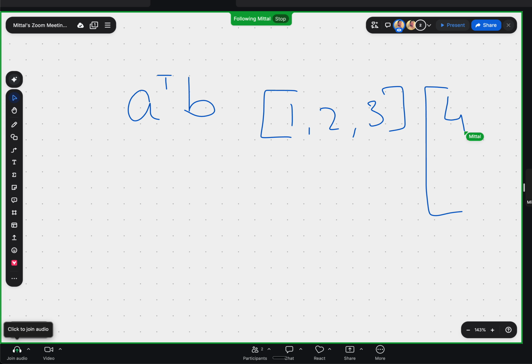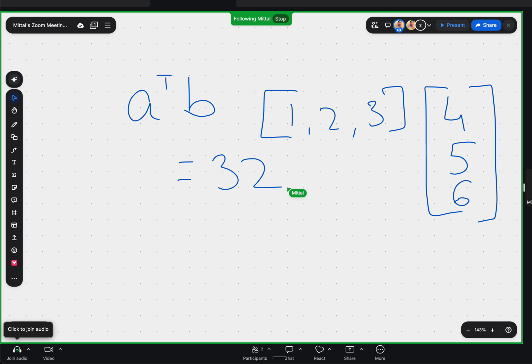So vectors by default, we'll think of them as column vectors, and then when we transpose them, we'll make them row vectors. And if you multiply these two, you can see this is a 1 by 3, and then the second one is 3 by 1, so it'll multiply to be a scalar. And you should know matrix multiplication, so this is simply 4 plus 10 plus 18, so 32 would be the answer here.